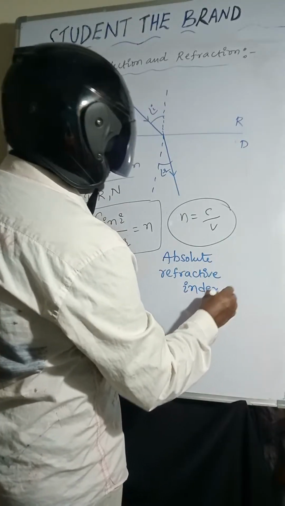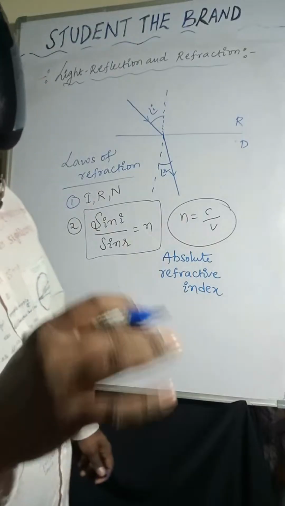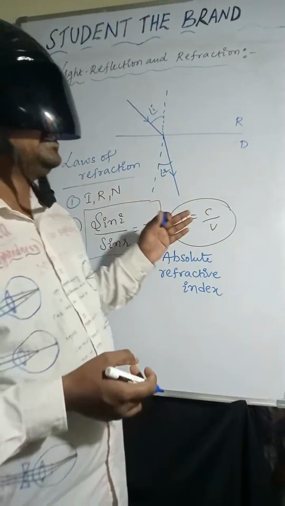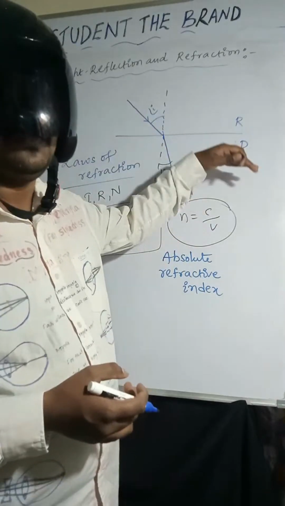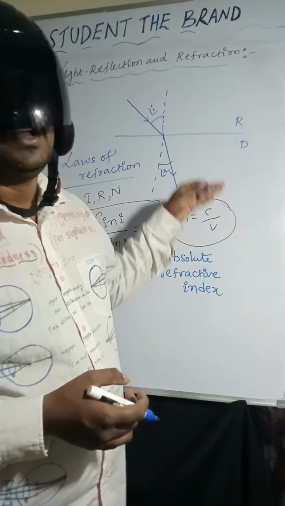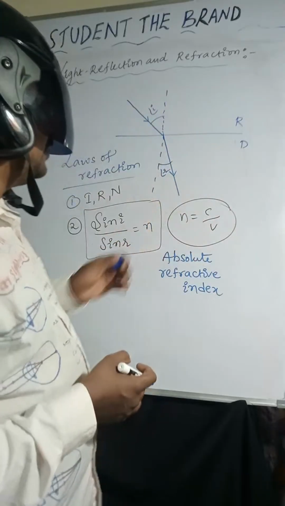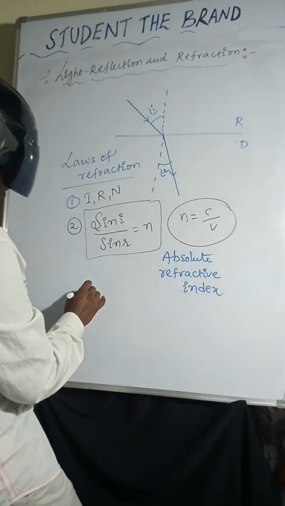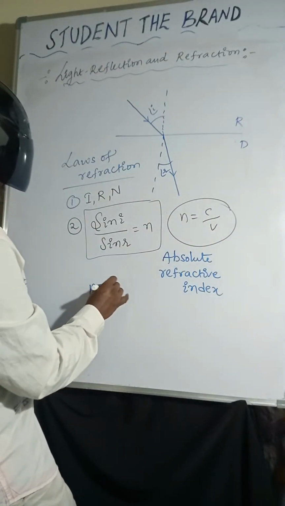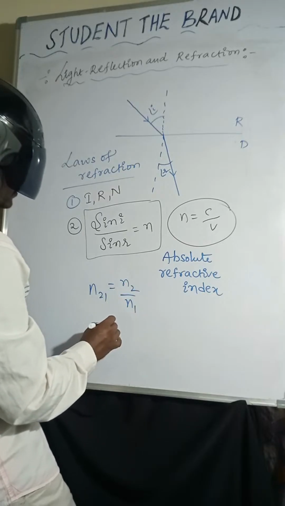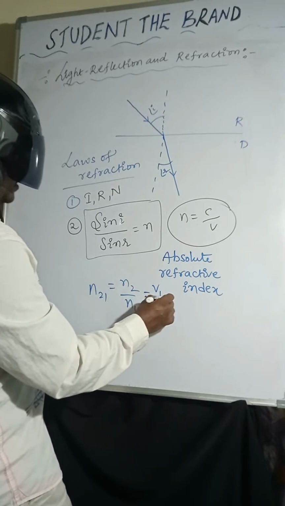Coming to the relative refractive index. Absolute refractive index is the ratio of the speed of light in vacuum to the speed of light in the medium. Whereas the relative refractive index n21 equals n2 by n1, which equals v1 by v2.